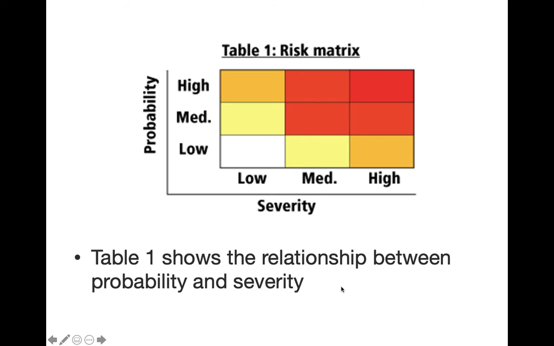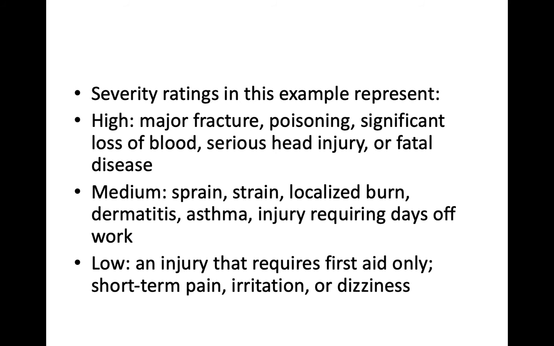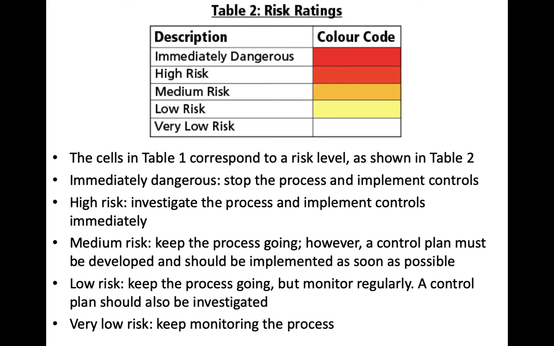I'm just going back to this. This is mostly used in injury prevention type of measures, so you can see most of these examples are injury related. And then table 2 is based off the colors that we've seen in table 1. Red, of course, indicates immediately dangerous, and then as we go down in the color scale, bright orange, and then lighter orange, yellow, so high, medium, low, and very low risk.